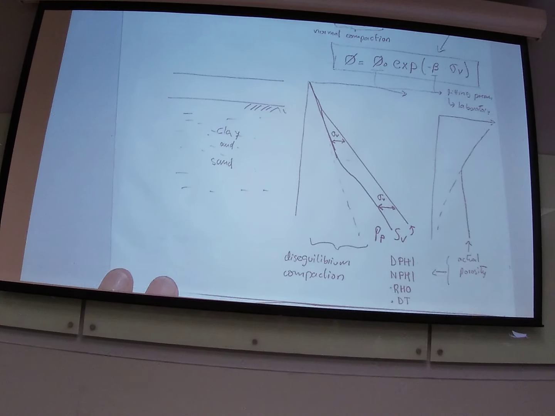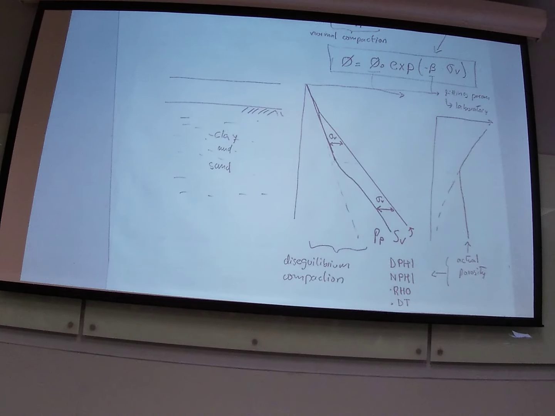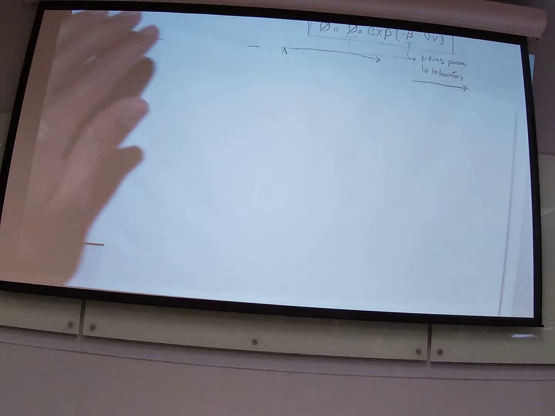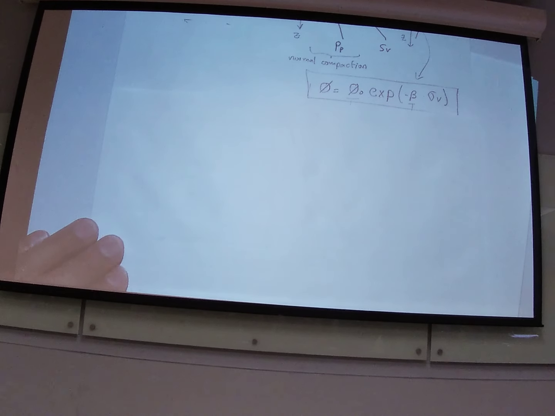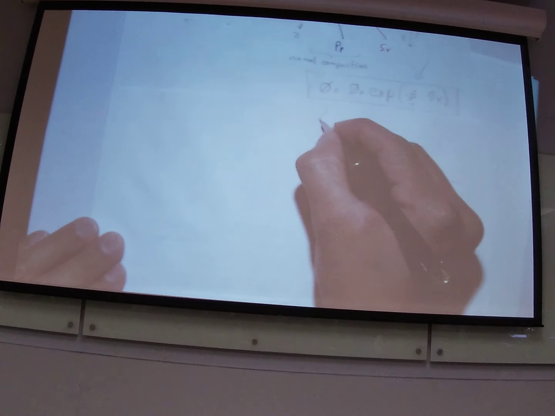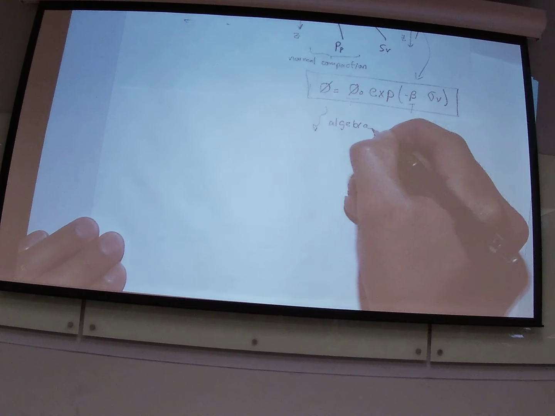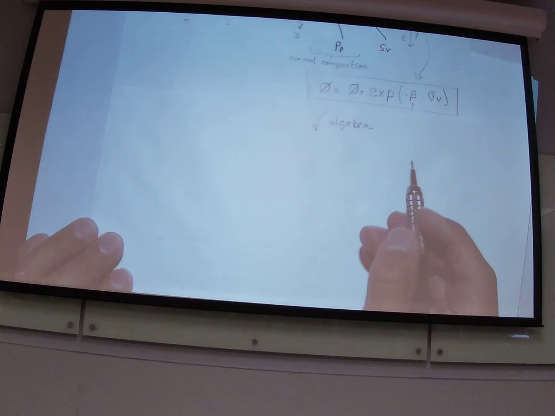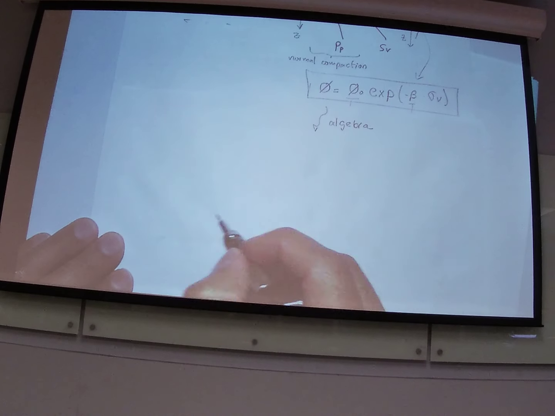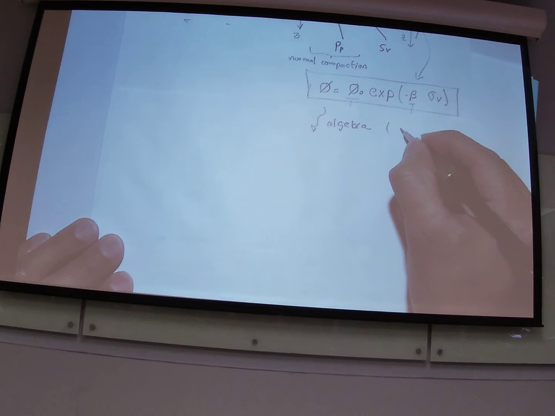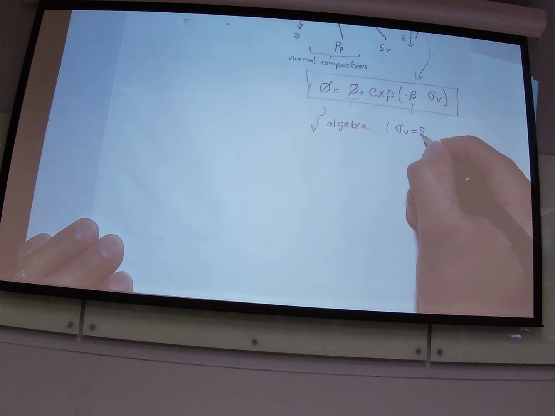Okay, so what do we do then? We use this equation, and I'm not going to solve it now, but you do some algebra, and our objective here is to calculate pore pressure out of this equation. Remember that sigma V is going to be equal to SV minus PP.